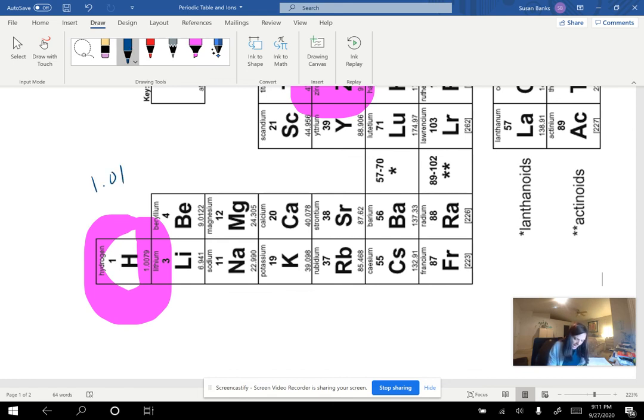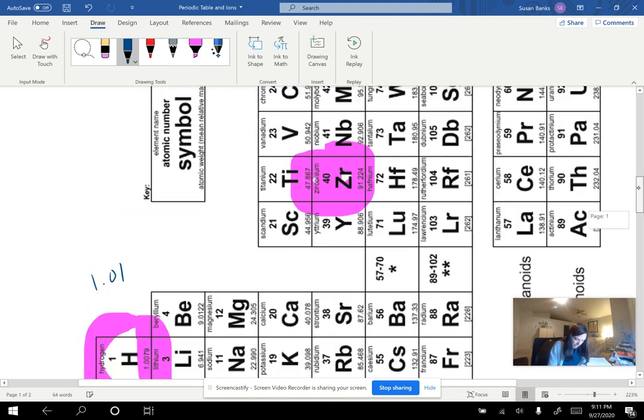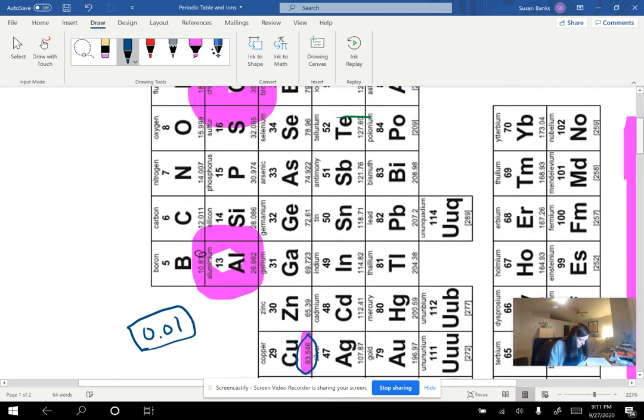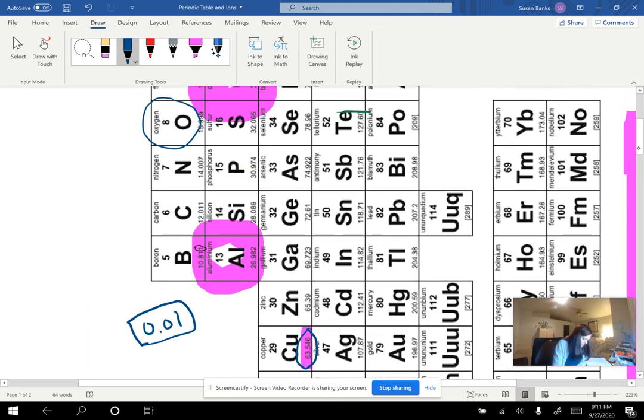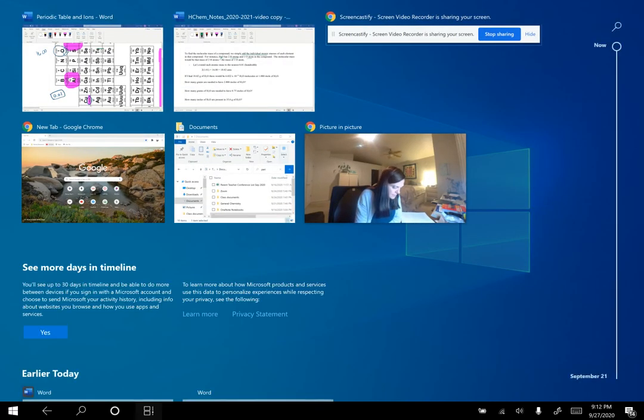Okay. And if I look at oxygen, oxygen is 15.999, which is going to round to 16.00. So those are the numbers that I'm going to use for water.